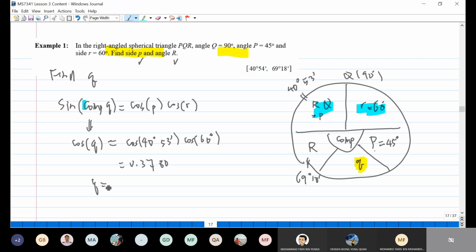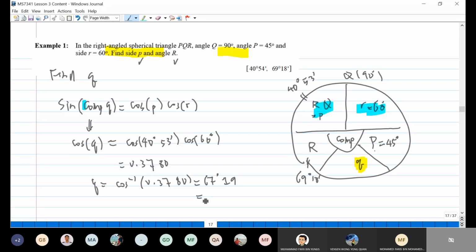So Q equals cosine inverse of 0.3780. Press the calculator, inverse cosine, answer 67.789.